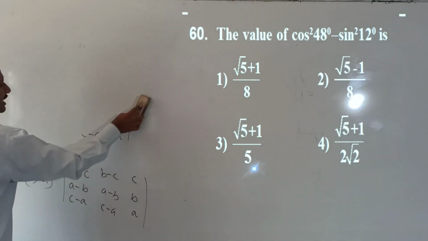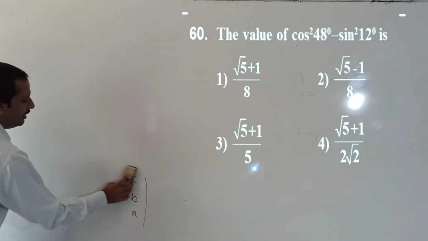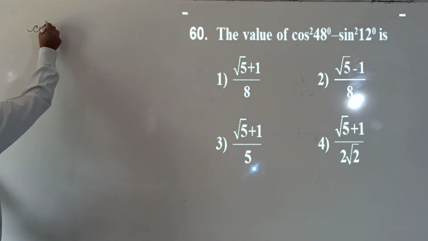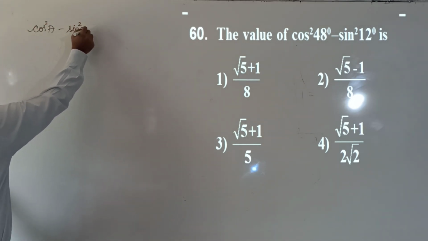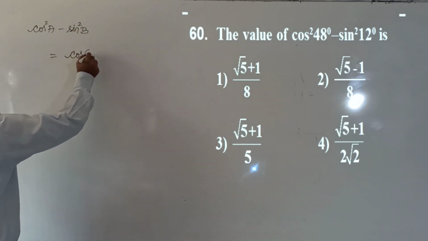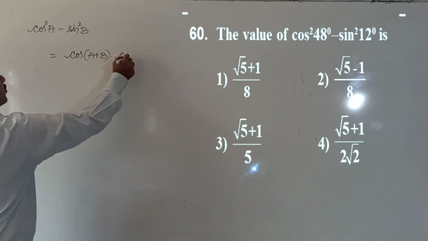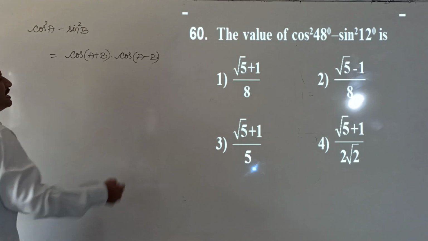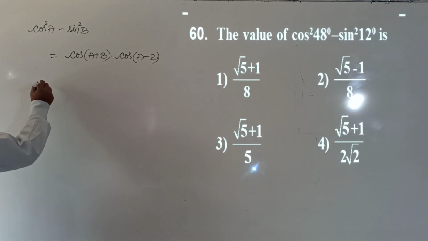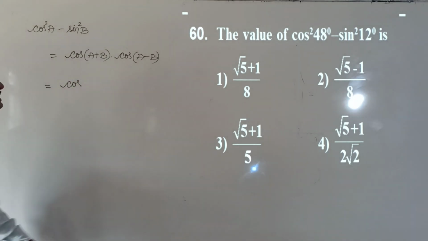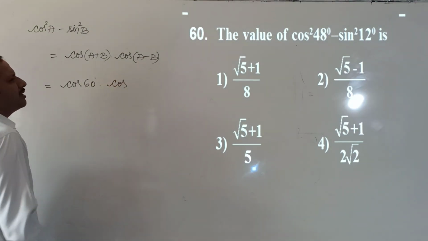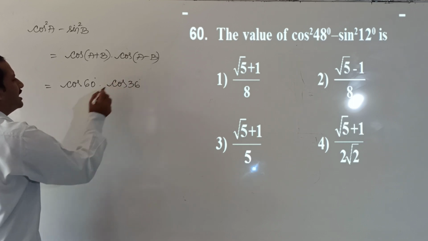This looks like cos square A minus sin square B. We know one formula: cos square A minus sin square B is equal to cos A plus B into cos A minus B. So in this case, A plus B means 48 plus 12, which is 60, into cos A minus B, 48 minus 12, that is 36 degree.